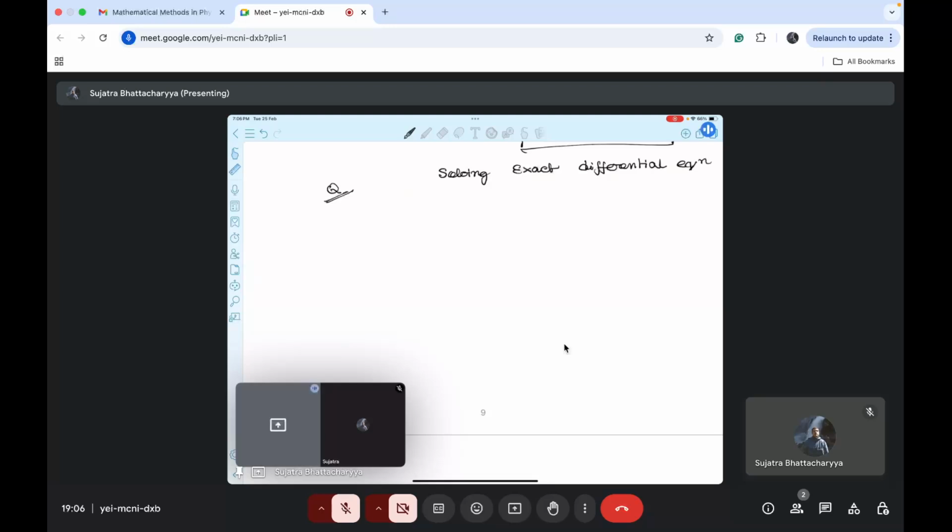Suppose you have the question 5x4 plus 3x square y square minus 2xy cube dx plus 2x cube y minus 3x square y square minus 5y4 dy equals 0.